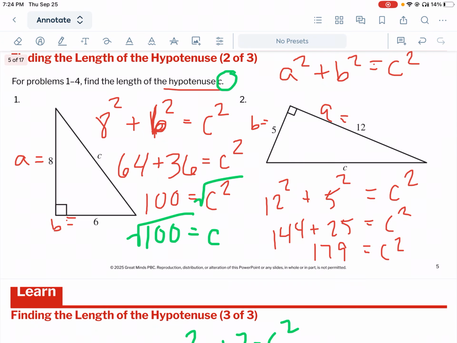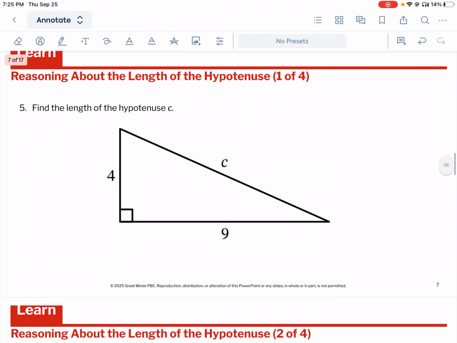Once I square rooted that 100, we got the square root of 100 is 10, so C would equal 10. 100 is a perfect square, so that's why we got that answer. But when you get into reasoning, you will have a square root value that is not a perfect answer. So you may have to leave that number either in square root form, or you'll have to break it down into 2 different numbers, and more so just state that the length of the hypotenuse would sit between 2 numbers. So we're going to do that now.